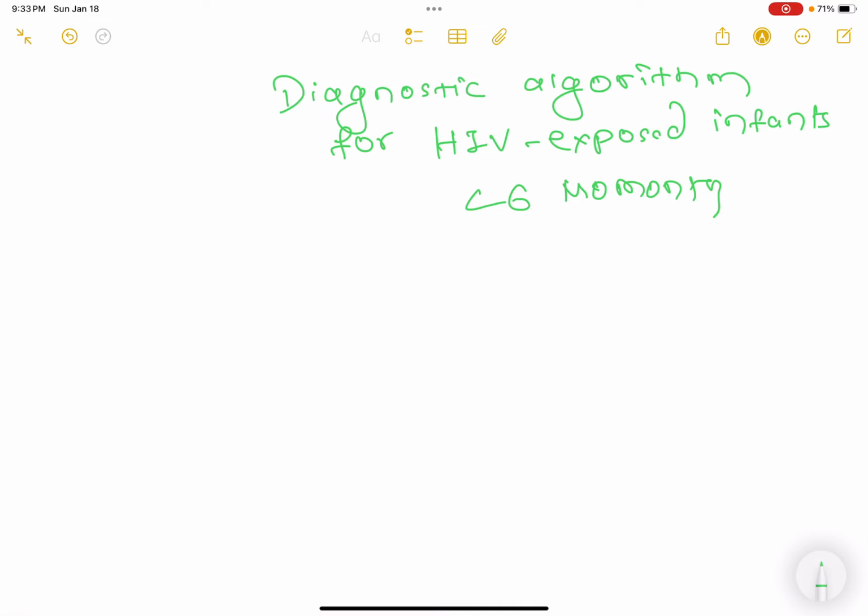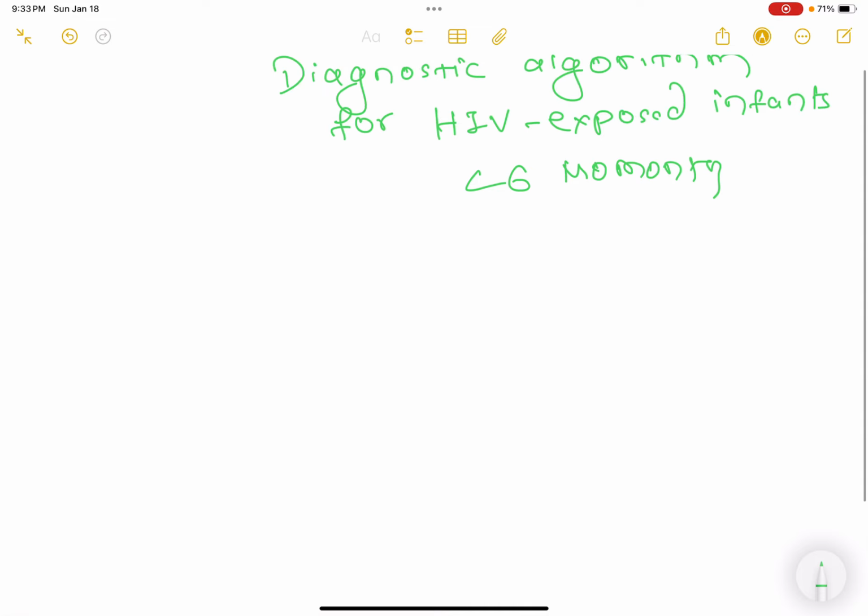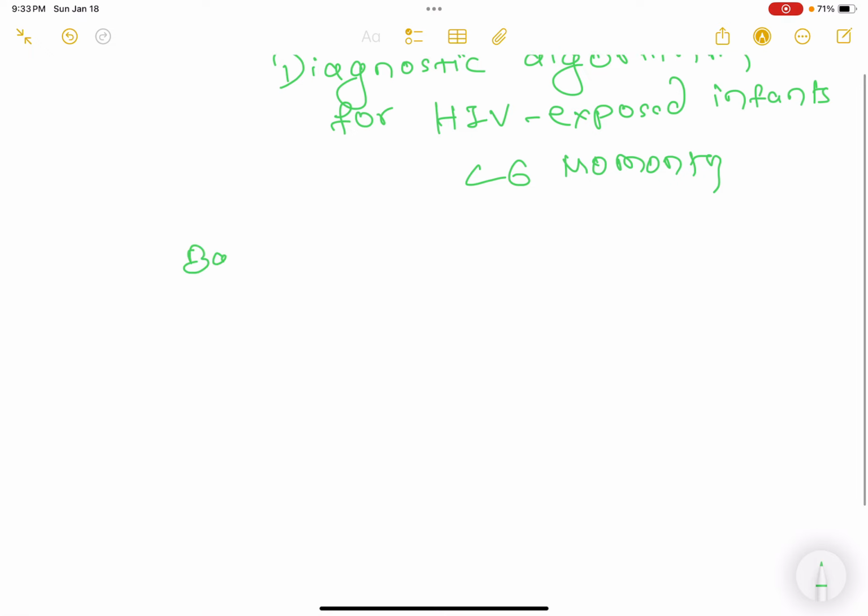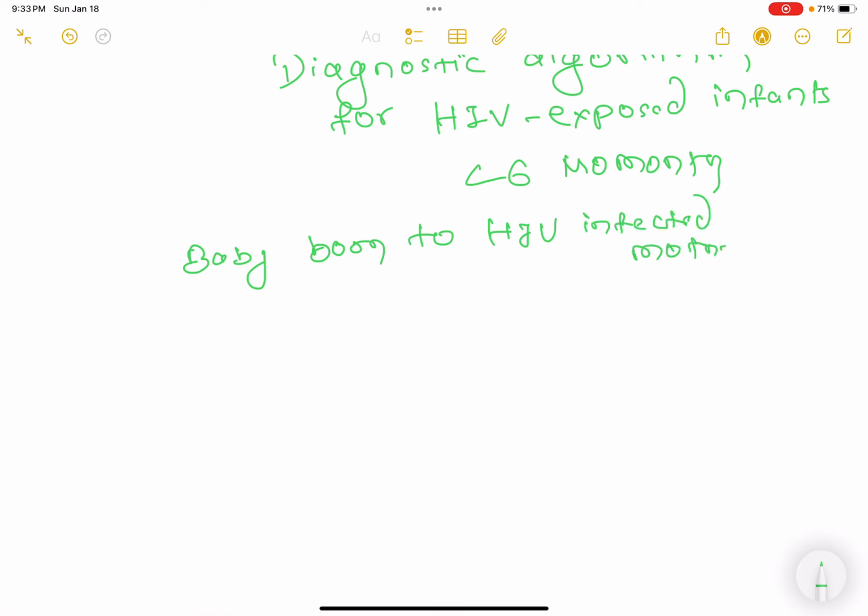So let's discuss, if the baby is born to an HIV infected mother, what we have to do first. Any baby born to an HIV infected mother is a known case of HIV exposure.